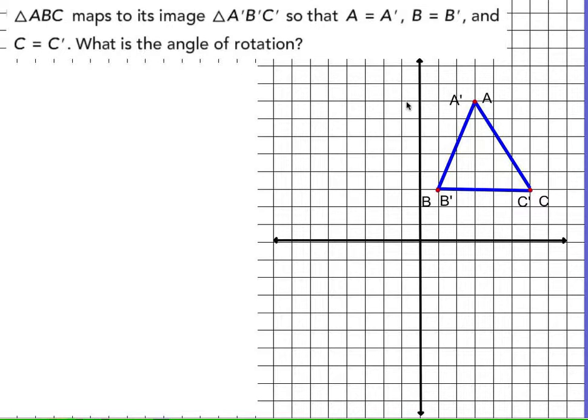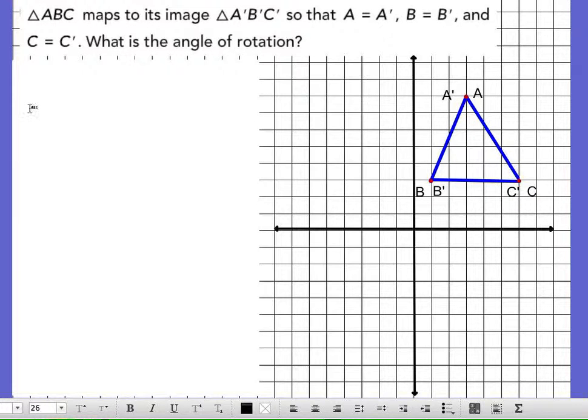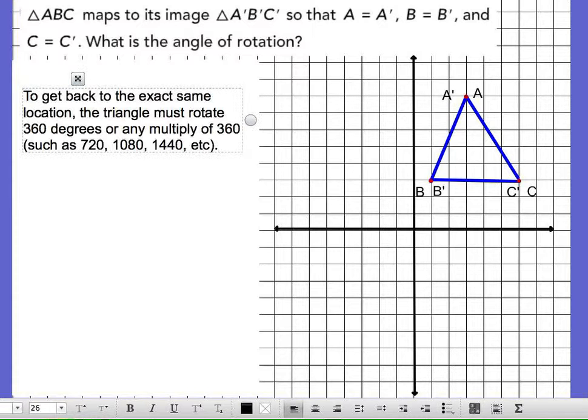Well, if you look at the coordinate grid, you wind up in the exact same spot, just like a wheel, with every 90 degrees. So it's 90, 180, 270, 360. We have made a complete circle, and circles are 360 degrees. It can also rotate any multiple of 360.